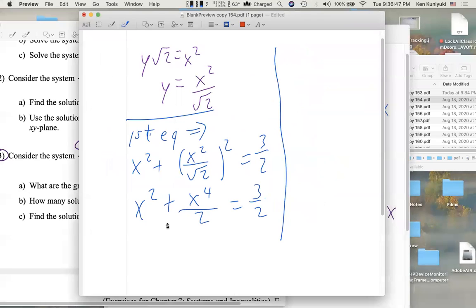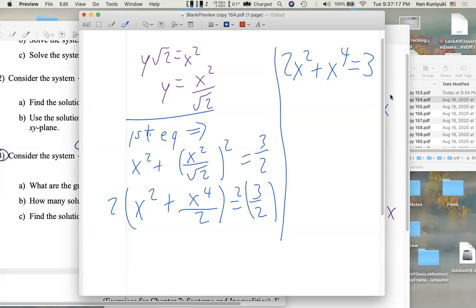We can multiply both sides by 2. Over here, I distribute. I get 2x squared plus, and then when this 2 hits this 2, we just get x to the fourth here. Bear in mind, you shouldn't strike the 2's here right now because the 2 also hits the x squared. Equals 2 times 3 halves. We just get 3.